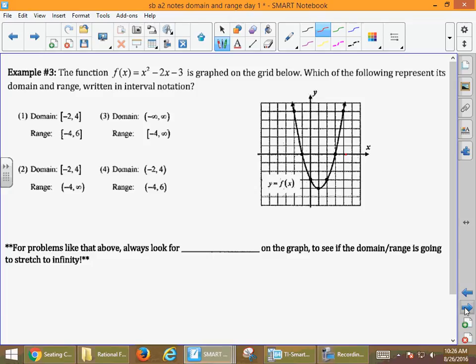It says for problems like this, always look for arrows on the graph to see if the graph is going to stretch to infinity. And because there's arrows, we do want to start down here at -4, but it's going to keep going on and on, up and out, forever and ever, which means that our answer is 3.